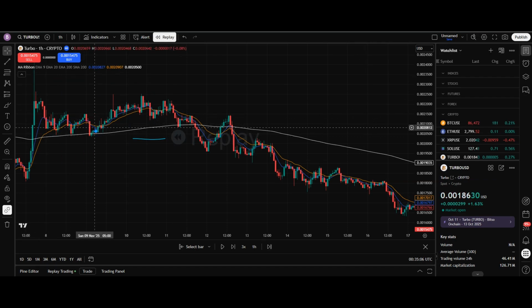As you can see, the 9-day EMA started to get a bit weak at this point, and it started to fall below the 20-day EMA. Now this is an indication that it's going to retest the support line. But as you see, the 9-day stayed below the 20-day and started to cross below the 200.